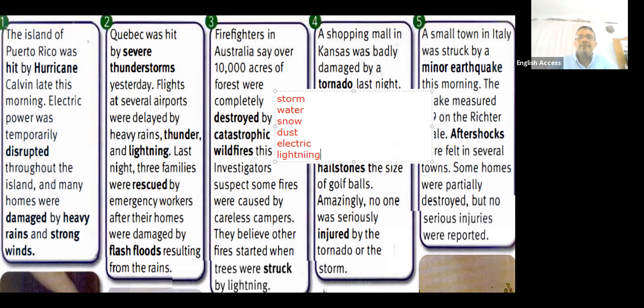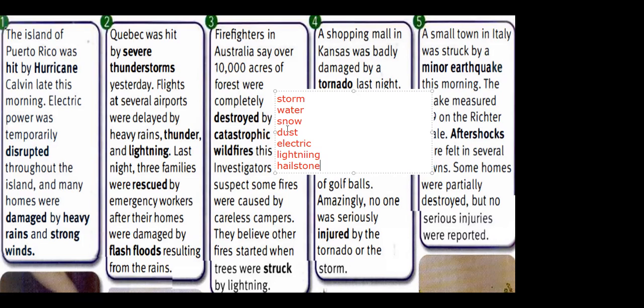Or hail. Hail is the water that is frozen. You get ice from the sky. And stones is the shape, like a stone. You know what a stone is, right? So hailstones, of course, is the ball. Yes, Maru? Yes, teacher, thank you.